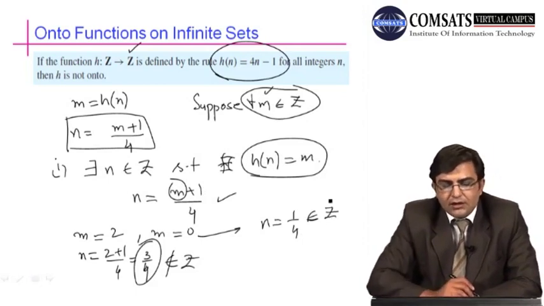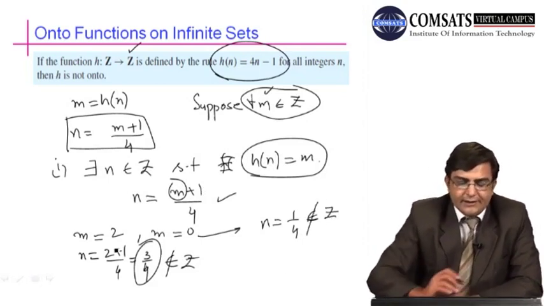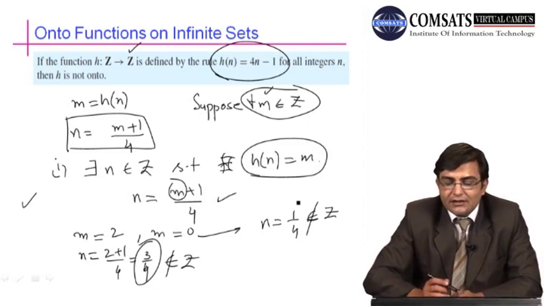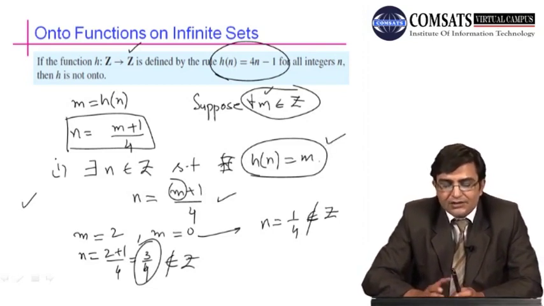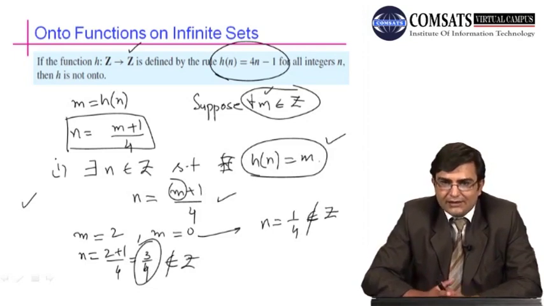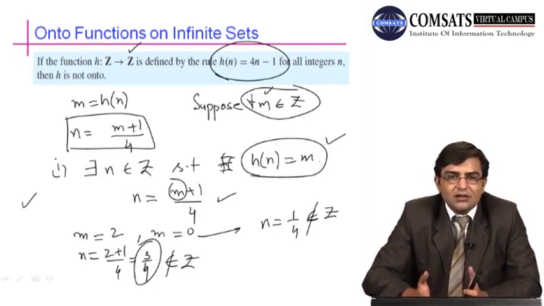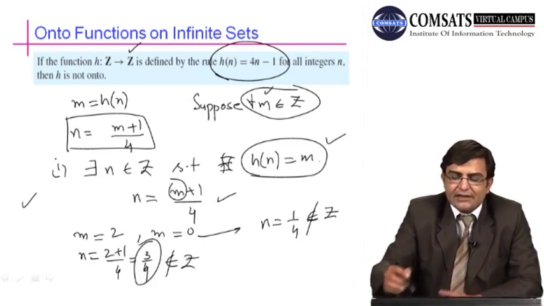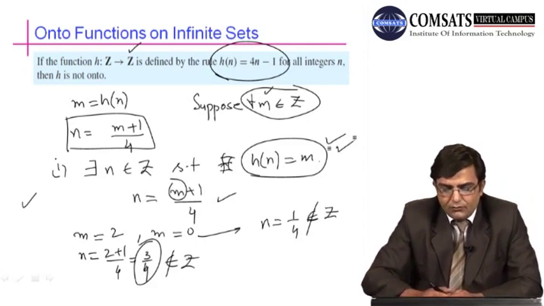No. So the first condition is violated here, that there exists some n belonging to z such that h of n is equal to m, because there may not exist, there may exist, but we are trying to find the counterexample. So here we say that there may not exist some n belonging to z such that this condition is true. So this violates the first condition.